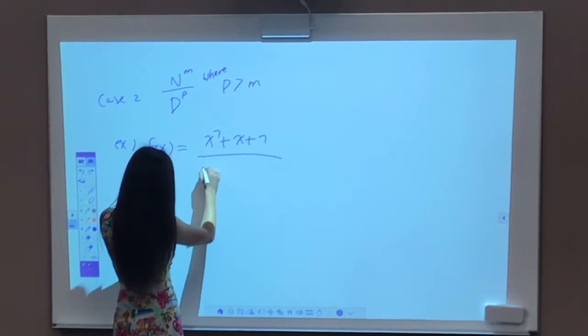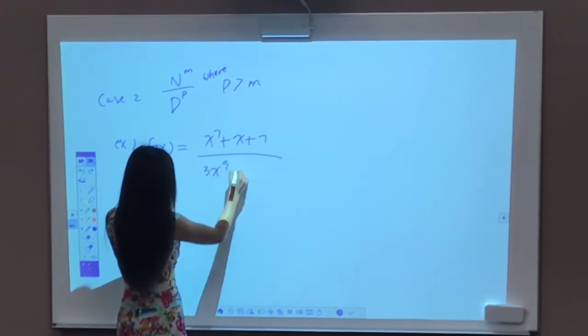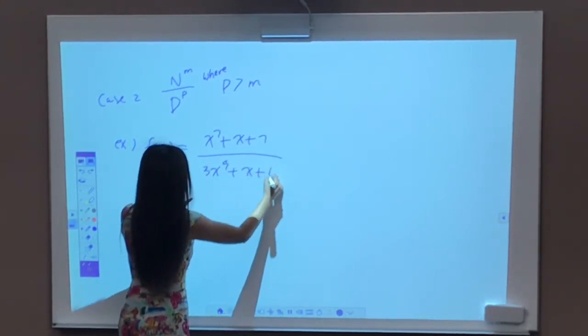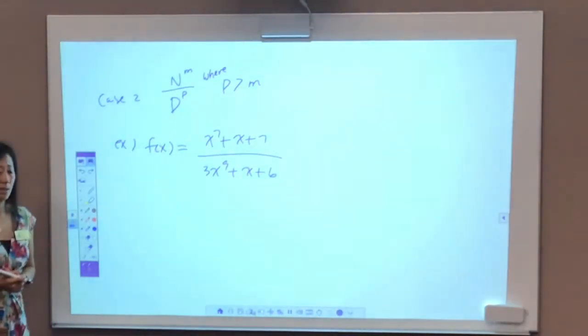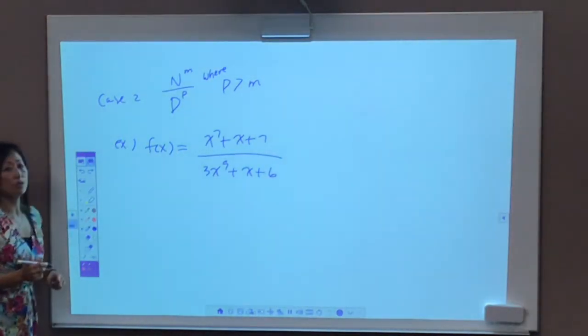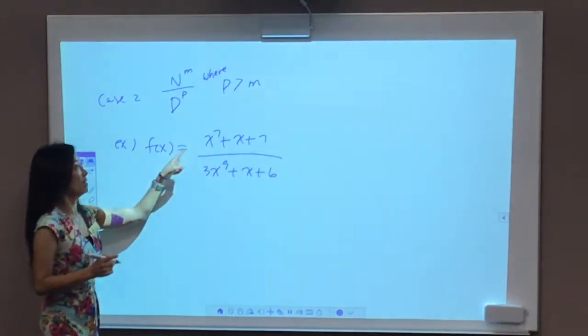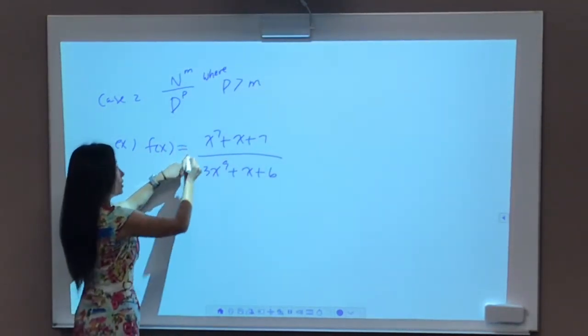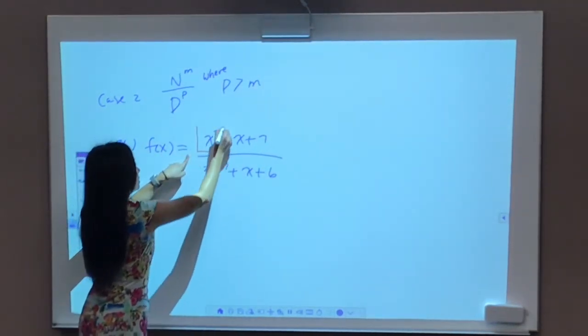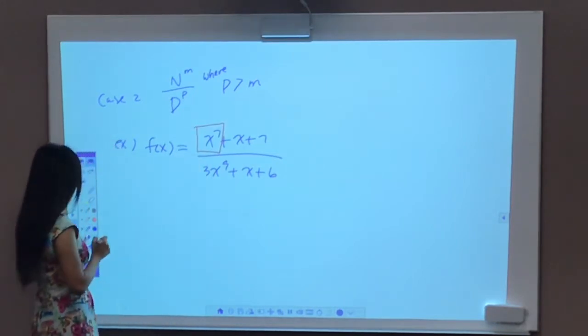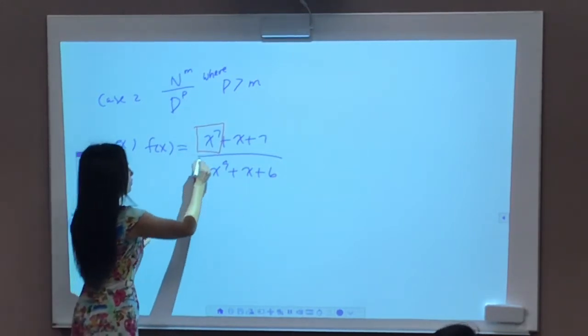Example. I have this. Which term do I need to worry about now? For the numerator, which term do I need to concentrate on? x to the 7. What about the denominator? 3x to the 9. Let's compare the powers, 7 and 9. Which one has more power? 9, the denominator.